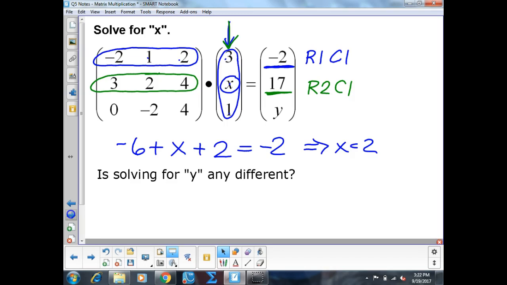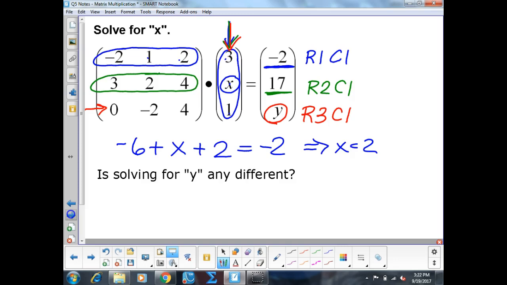Okay. Now if I think about solving for y on the other hand, because y is row 3 column 1, I would have to go across row 3 and down column 1 to set up my matrix equation.